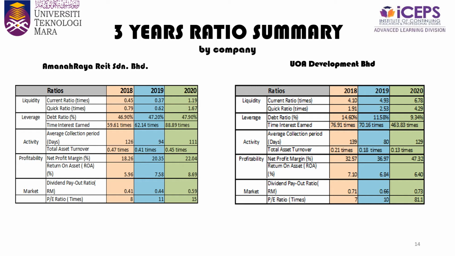Same as UOA Development Berhad, we put liquidity, which has current ratio and quick ratio, debt ratio, times interest earned, average collection period, total asset turnover, net profit margin, return on asset, dividend payout ratio, and price earning ratio.